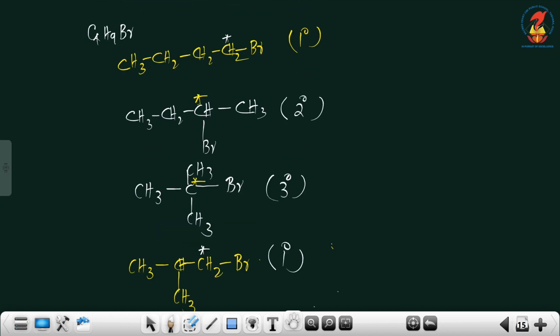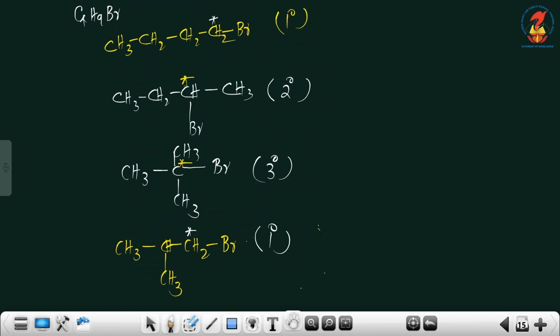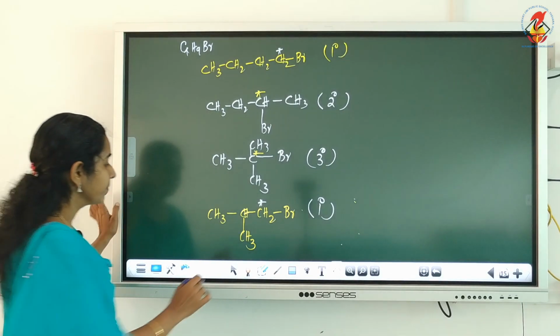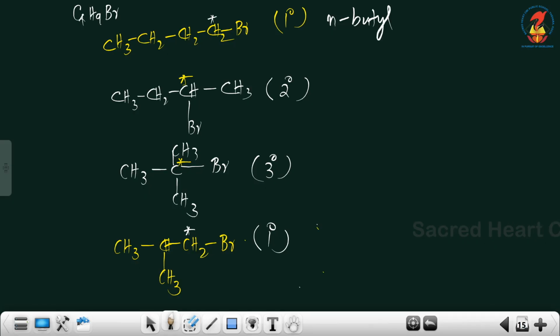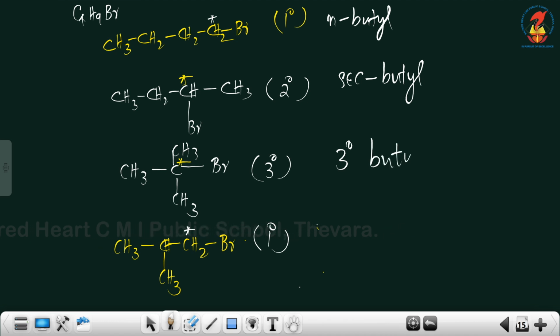So for C4H9Br, a total of 4 isomers are possible. The first one is normal butyl bromide, the second one is secondary butyl bromide, the third one is tertiary butyl bromide, and the last one is isobutyl bromide.